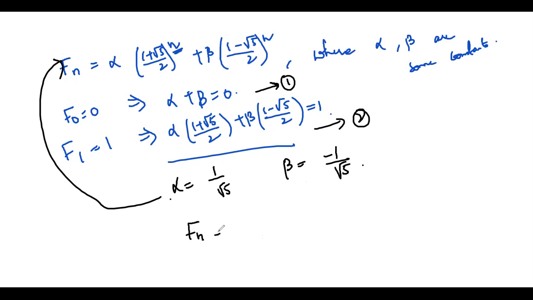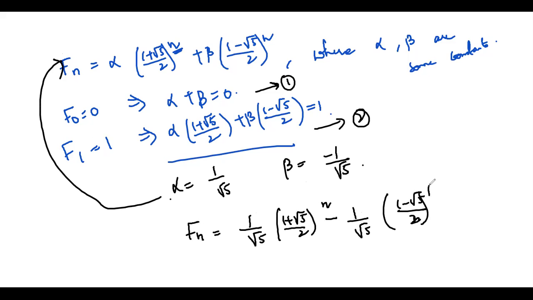So fn will be 1 by root 5 into 1 plus root 5 by 2 whole power n, minus 1 by root 5 into 1 minus root 5 by 2 whole power n. Okay, so this is the explicit formula that we needed to find.